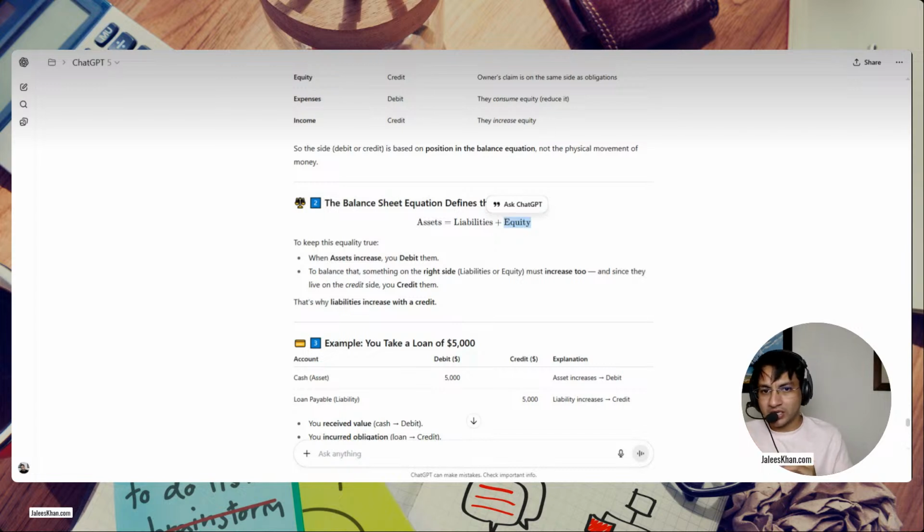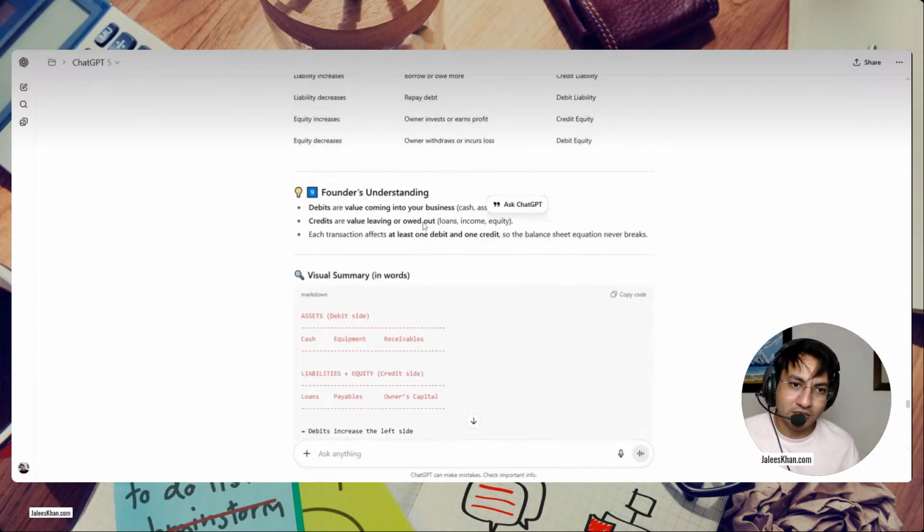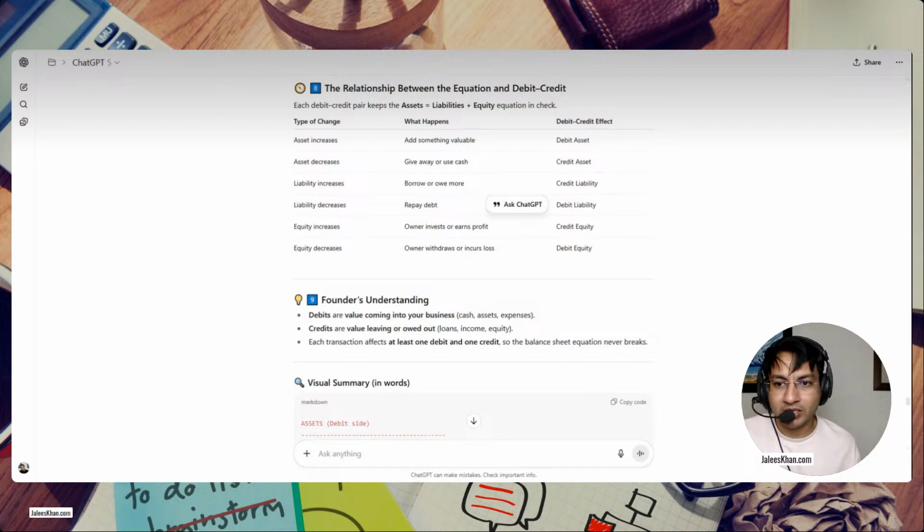From equity our transaction starts, so equity is credit, and then the ending point of the transaction is the asset, which increases and is debited. Let's see if my understanding is right, or if I still really suck here.